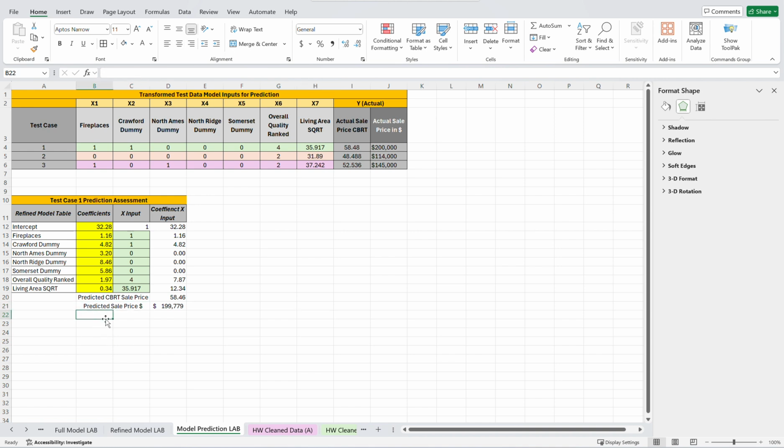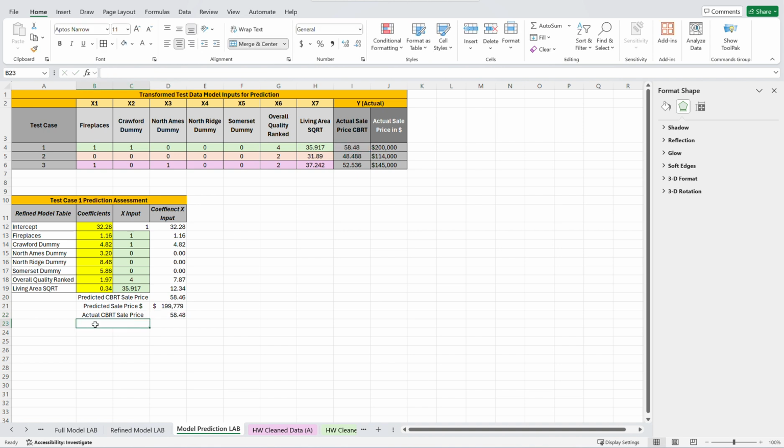Now if we want to compare this to the actual cube root of sale price for this observation, we can merge this together, because we'll do the conversion as well. The actual cube root of sale price is up here, and the actual sale price is here. So we can put equals this cube root of sale price value here.